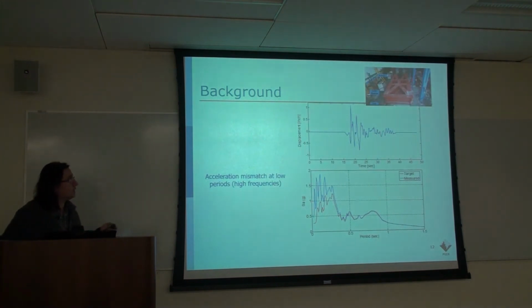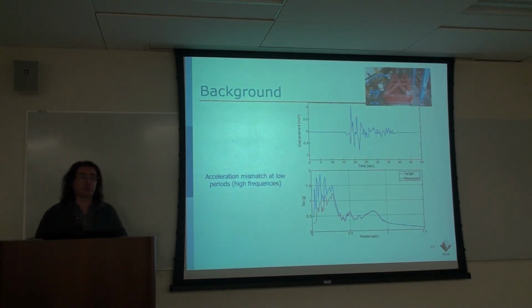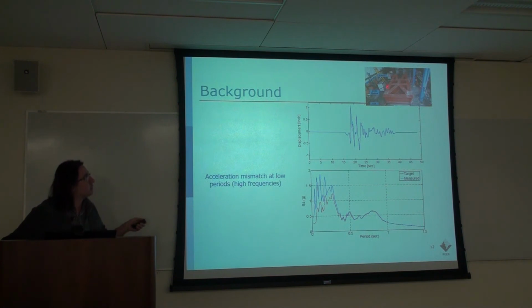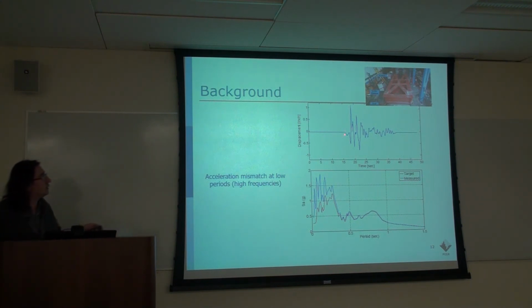And this is basically a slide that shows the need to have the acceleration control, and that shows that displacement control by itself is not sufficient. So this is this 1D platform in building 44 that you have seen in the lab during the lab tour yesterday, and this is ground motion applied to this platform in terms of displacements.